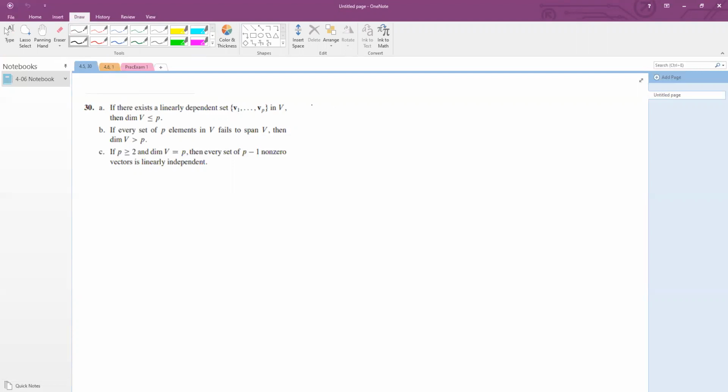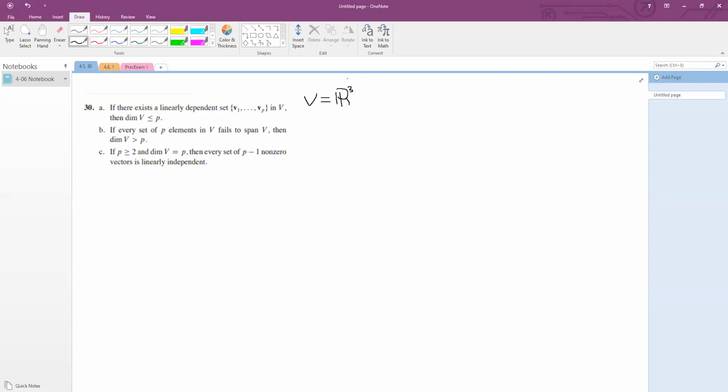Let's pretend, and this is usually good for demonstrating examples, that V is one of your real number spaces. What if V is equal to R3? So V is just going to be anything in that 3 space, R3. And then we have a linearly dependent set here.